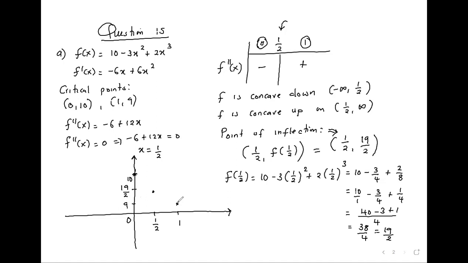So when we sketch, this was relative maximum, and then this was relative minimum, and then there is concavity here. The function does a bit of resting here, and then it comes aside. So that is the point of inflection.